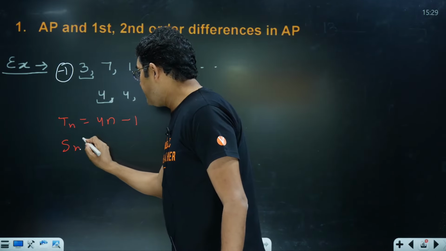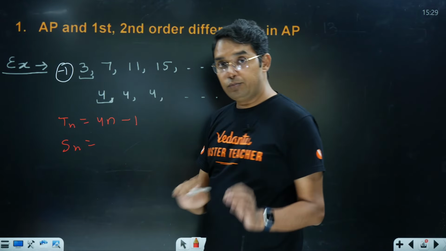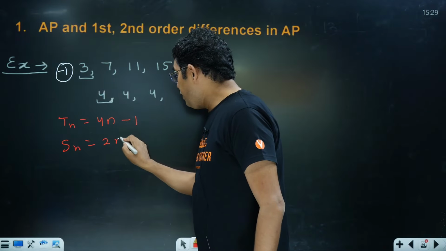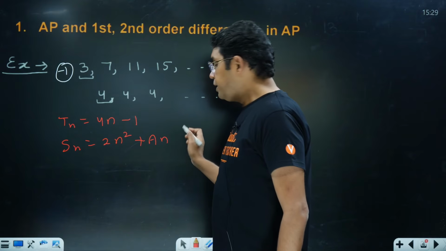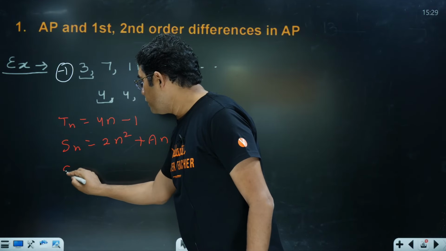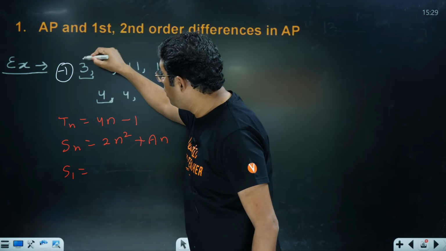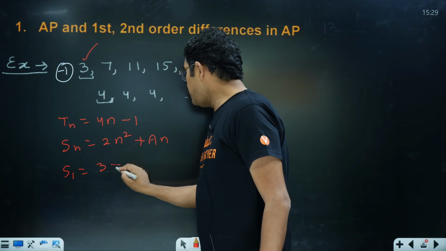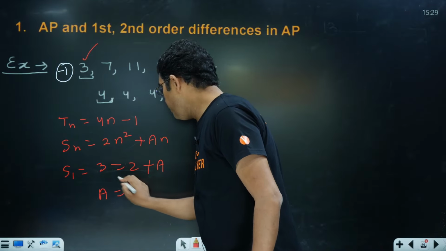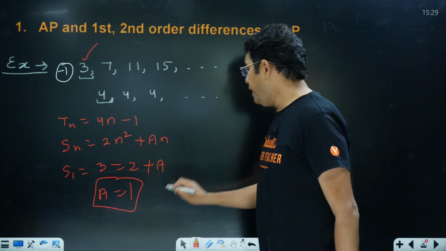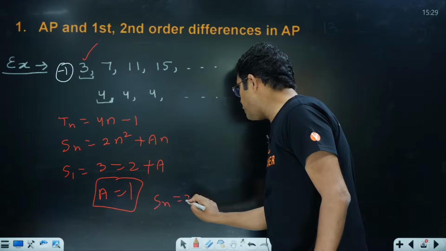Now coming to Sn, as I told you, the leading term should be integrated, so it will become 2n square plus some An. Now to find A, you need to put S1. S1 has to be always the first term, that is 3. So that will be 2 plus A. So we got A equal to 1. So my Sn is equal to 2n square plus n.